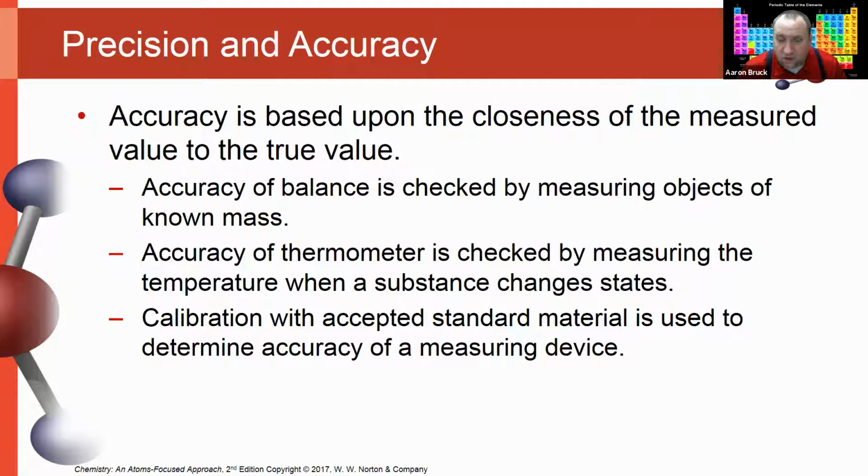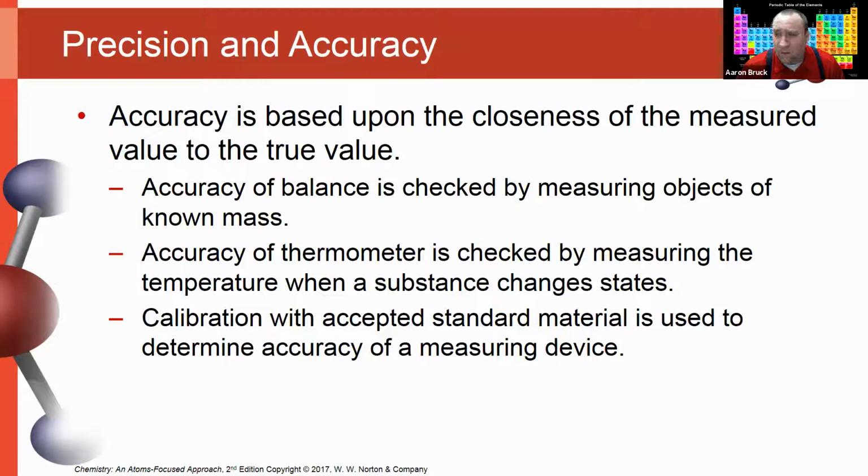And you can usually reprogram the balance or account in some way for a systematic error. So if your balance consistently says that it's 5 grams higher than it actually is, over time you can learn to recognize that particular difference and adjust for it by making sure that all of your measurements get reduced by 5 before they're recorded. That's a systematic error.